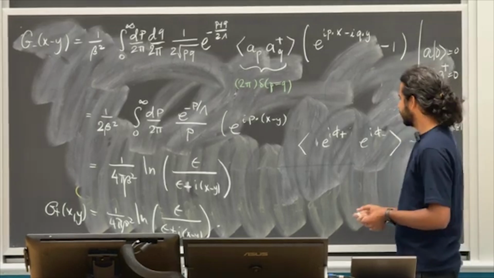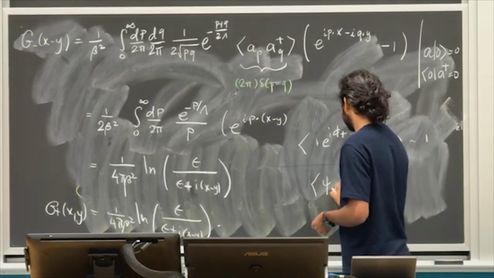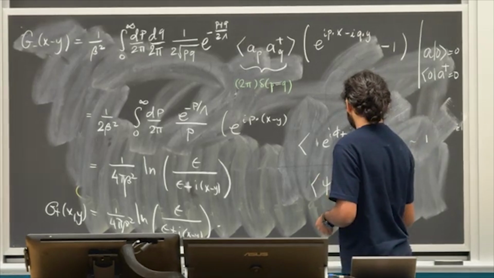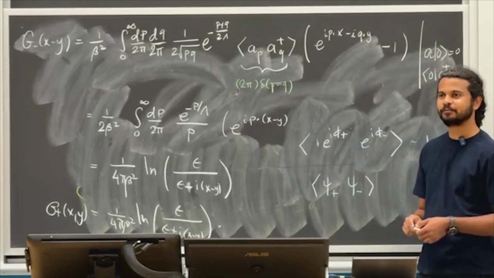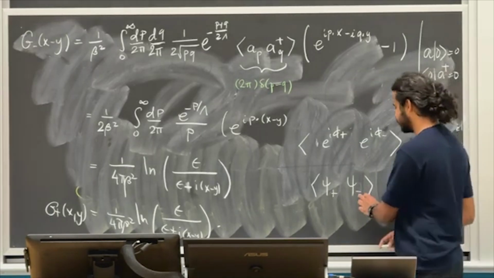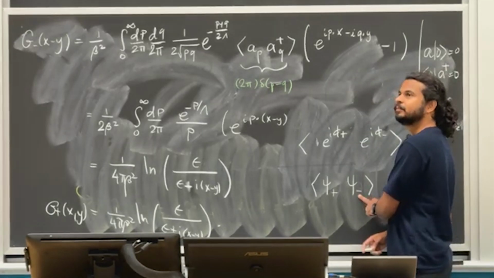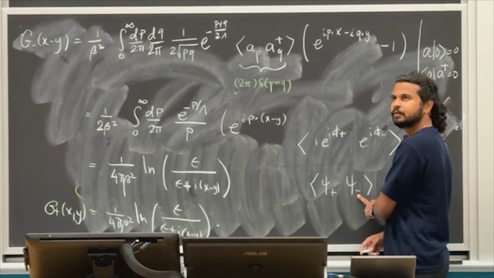But the corresponding thing in the fermionic world is psi plus and psi minus, and I feel like this should be 0. If I think of this as creating, should this be 0? Maybe that's my issue. I don't understand this.